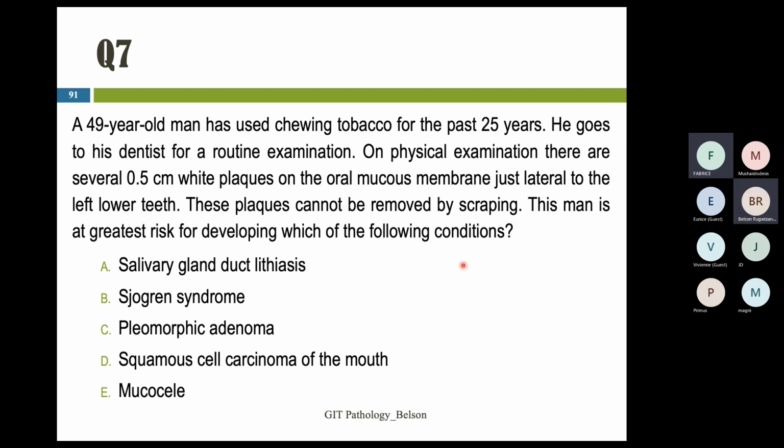These plaques cannot be removed by scraping. I think I mentioned this very well in the presentation. This man is at greatest risk of developing which of the following conditions?